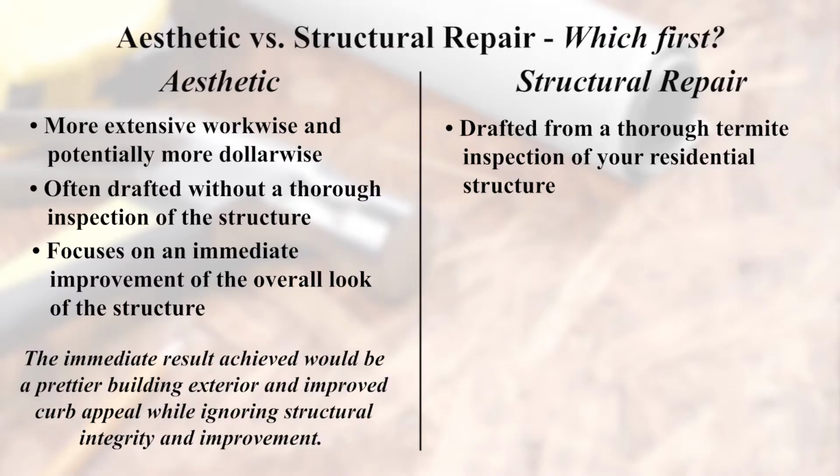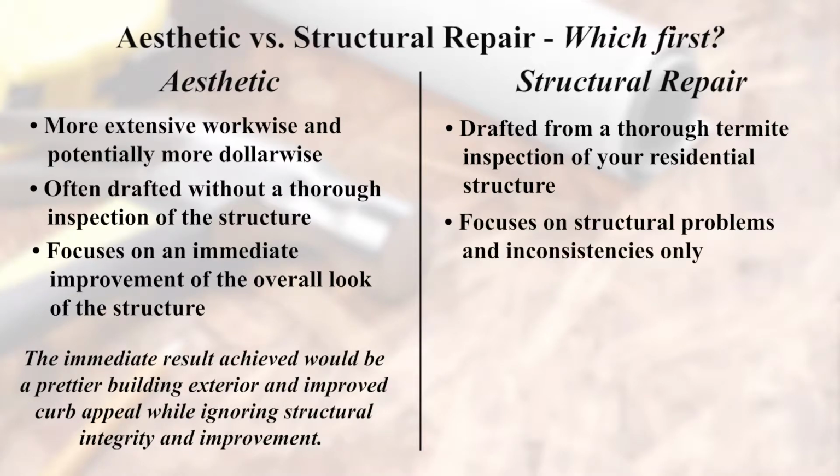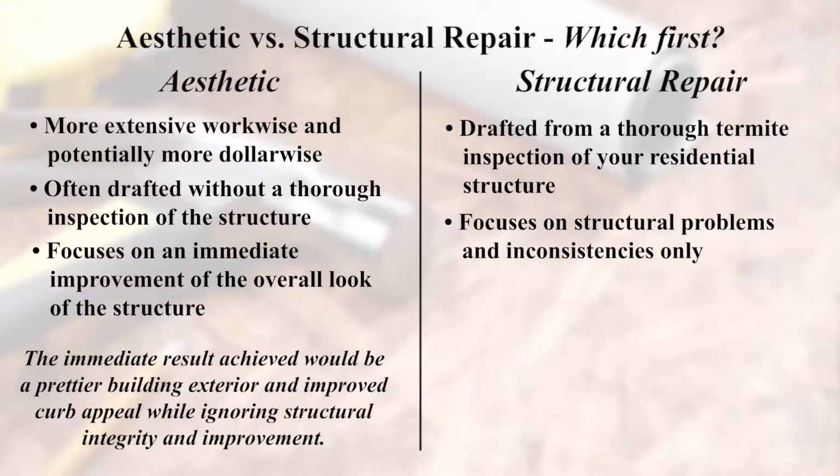Conversely, a scope for structural repairs is drafted from a thorough termite inspection of your residential structure and focuses on structural problems and inconsistencies only. In these types of scopes, damaged wood members are properly repaired or altogether removed and replaced with new wood members to restore structural integrity to like new conditions in the repaired areas.